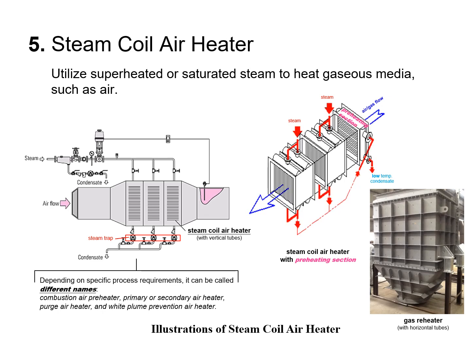One includes a preheating section that uses hot condensate, initially depressurized to generate fresh steam to preheat incoming air. The other uses horizontal tubes to reheat flue gas, known as a gas reheater.